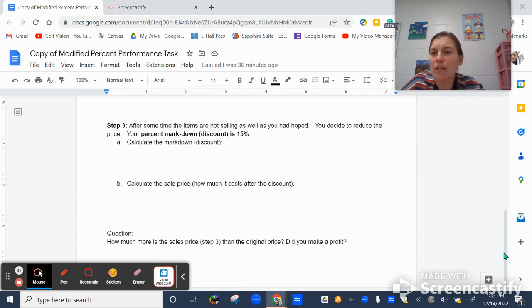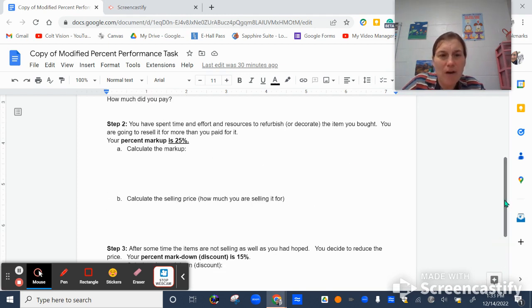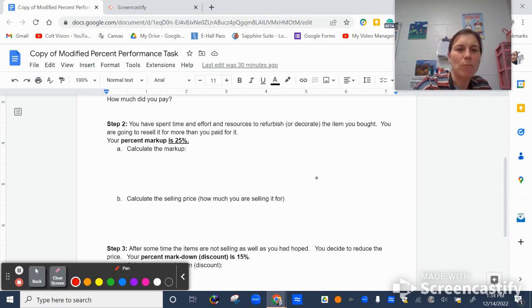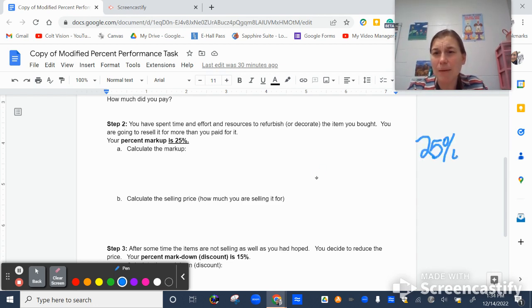So let me just go over really quickly, in general, how you do these problems. As a reminder, if you're given a percent, I'll use 25. So I'm using a 25% markup.